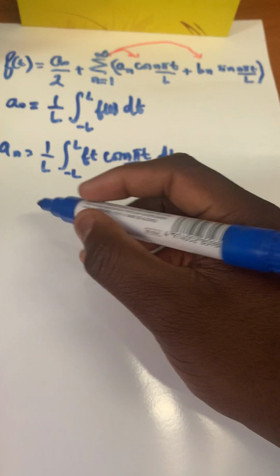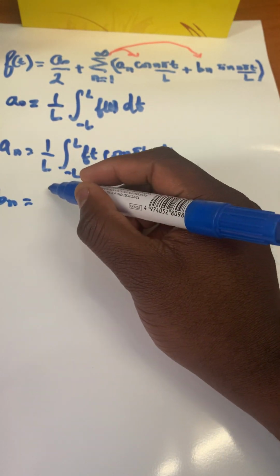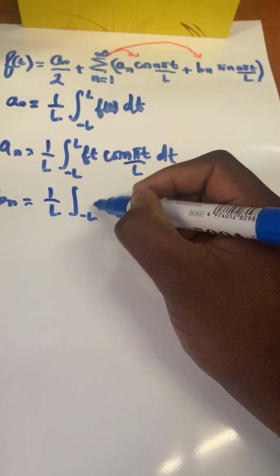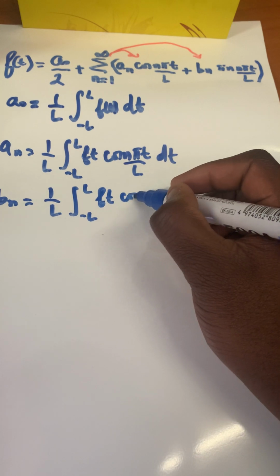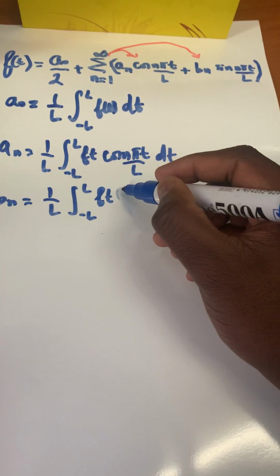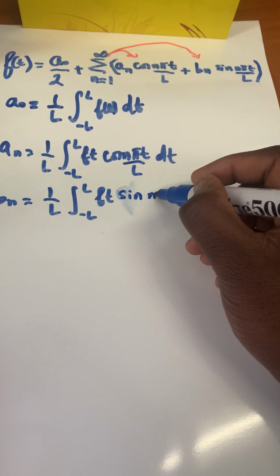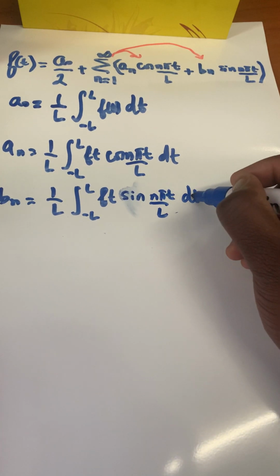Now we're going to find bn. It is 1 over L integral from minus L to L of f of t sine of n pi t over L dt. b goes with sine.